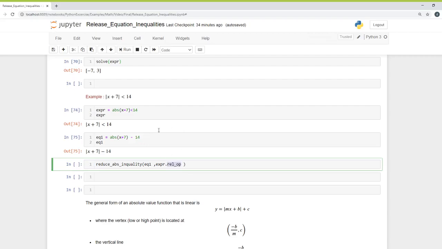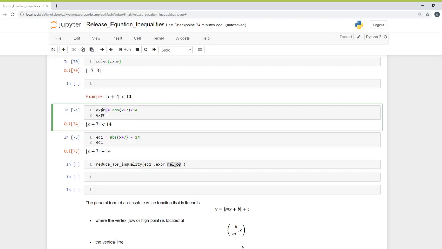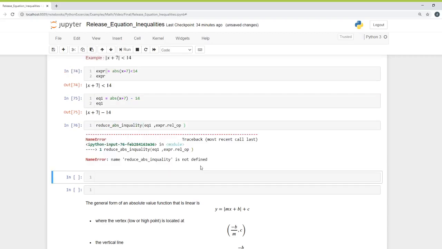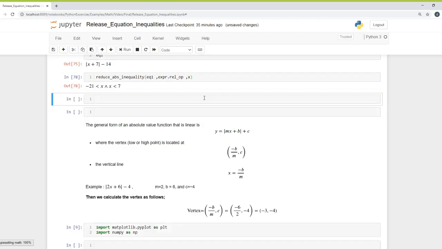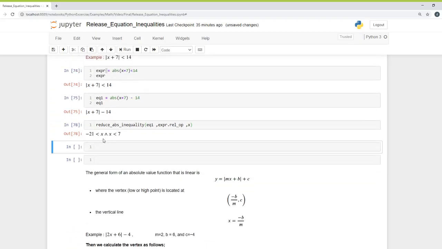To get the relational operator from this original equation, I have created the variable expr. Now shift enter. I have checked the spelling: reduce_abs_inequality, and x. So this is our result.